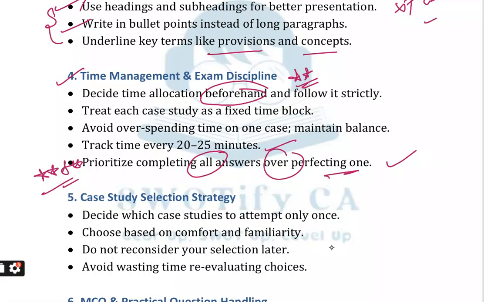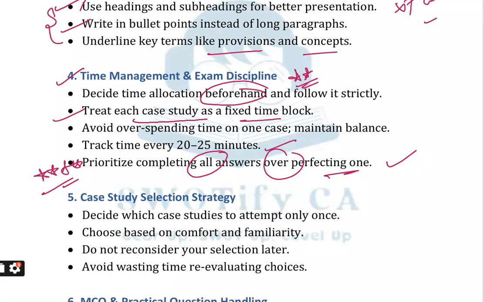Fine. Here, treat each case study as a fixed time block. So if you want to give 1 hour for a case study, give 1 hour for one case study, and be very specific. It should not exceed 1 hour, and you can keep it as 50 minutes, 45 minutes. It's up to you. Okay, you fix a time for your case study. If you want to run through the case study again, then keep it as 45 minutes, then for 15 minutes you can revisit the case study, whether you have written properly, etc. That is up to you.